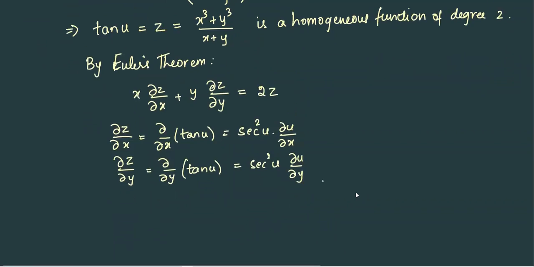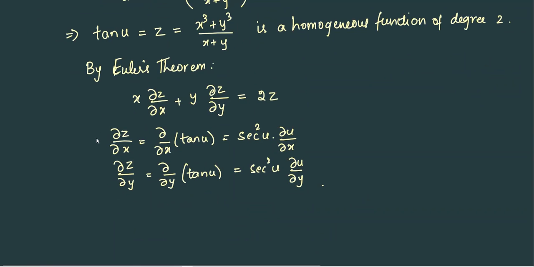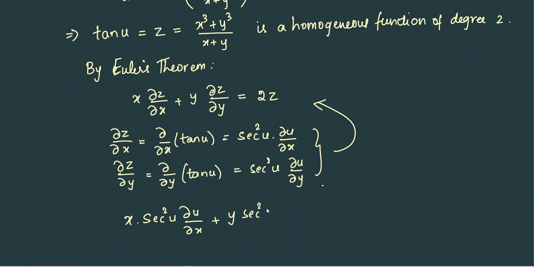So I have used Euler's theorem to simplify this. Now substitute these two in this. So we get x secant square u dou u by dou x plus y secant square u dou u by dou y is equal to 2 times z. Now z is tan u.